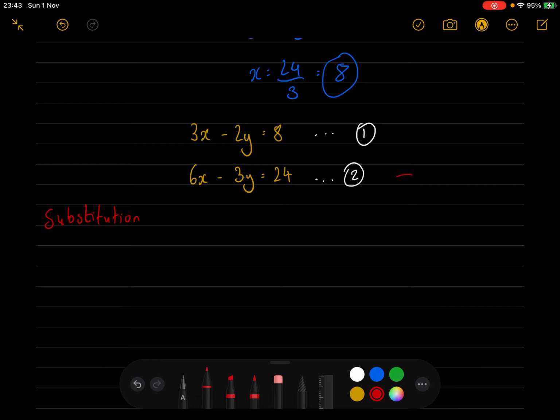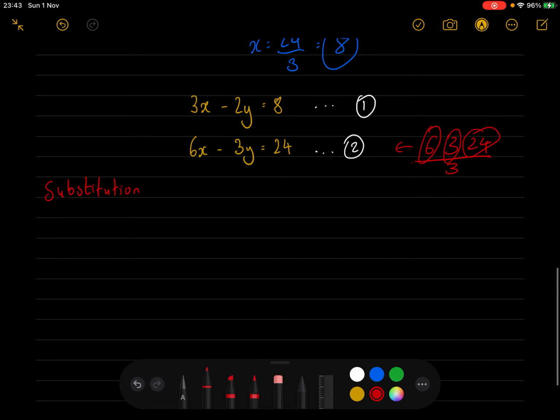However, for equation 2, 6, 3 and 24 are all multiples of 3. 3 times 1 is 3, 3 times 2 is 6, and 3 times 8 is 24. So I can divide everything by 3. That means 6x minus 3y is equal to 24, and dividing the complete equation by 3, 2x minus y is equal to 8.